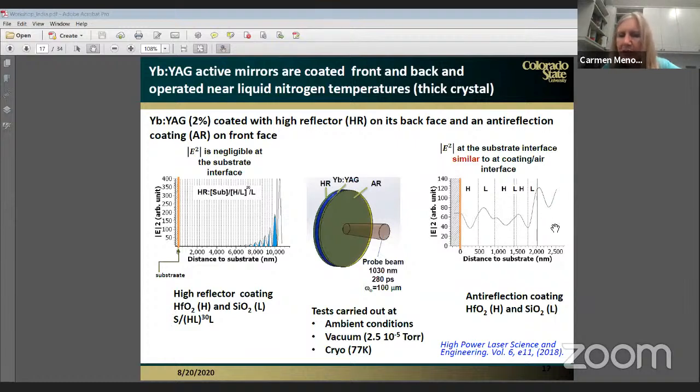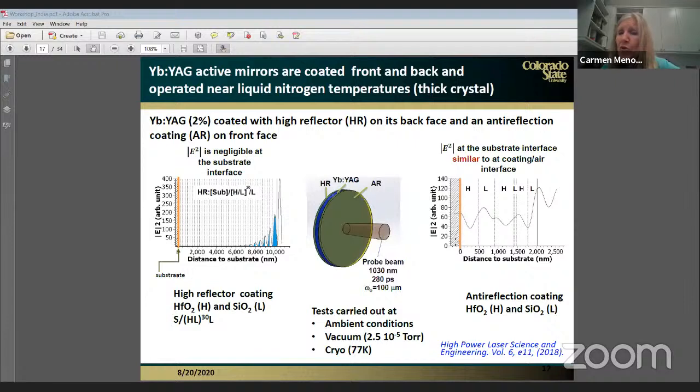Notice this is the AR coating interface, and this is the substrate coating interface. The intensity is about the same. It's slightly larger at the AR coating interface, but not much different than it is here. By itself this causes issues, because now I have high intensity at the substrate coating interface.